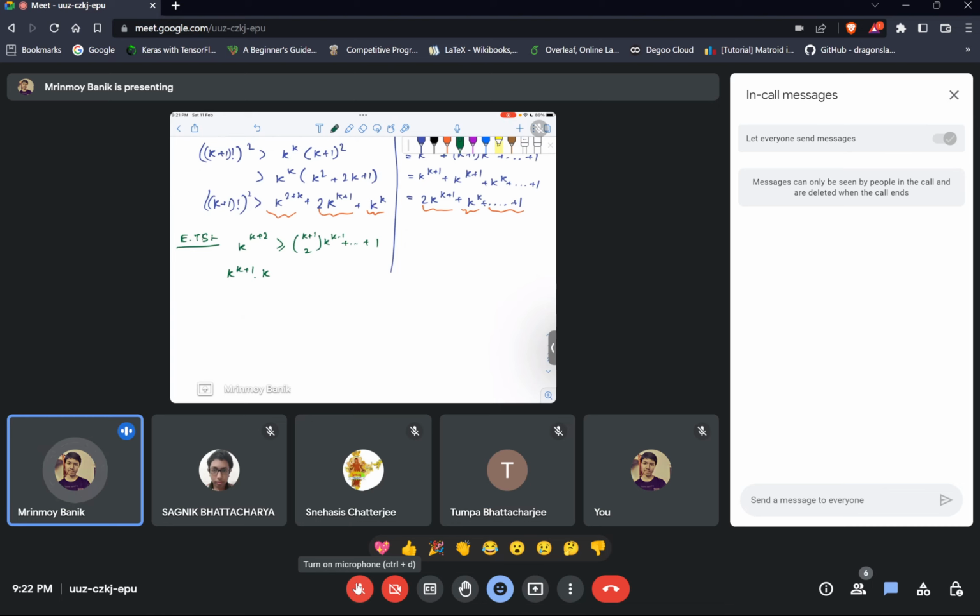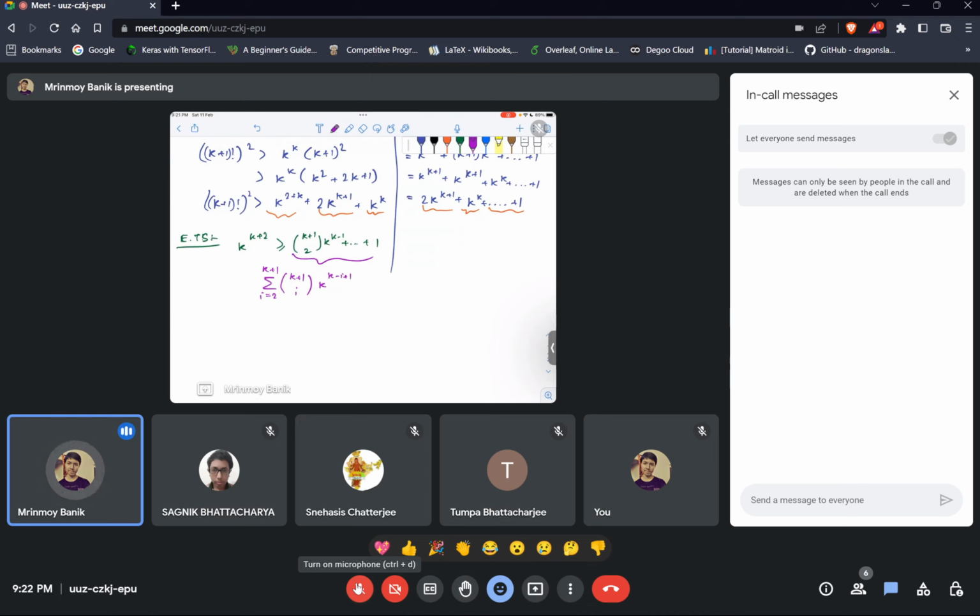So we can think of it like this. Each of these terms on the right are of the form (k plus 1 choose i) times k power k minus 1 minus i, where i runs from 2 to k plus 1.